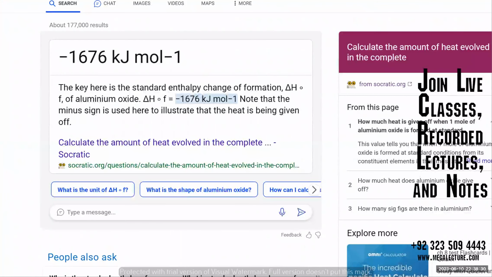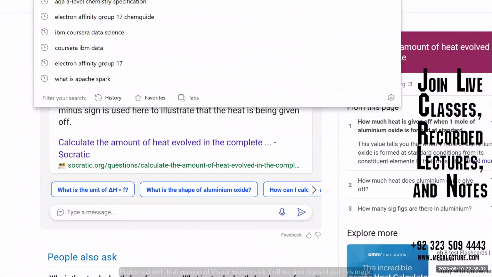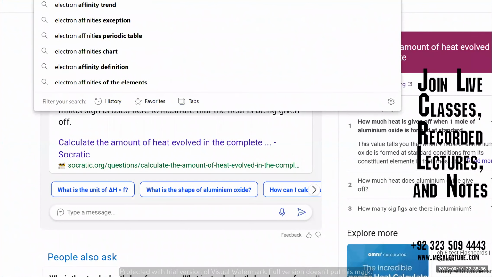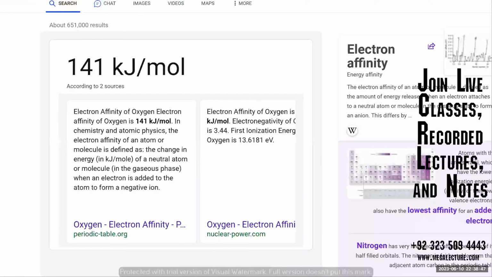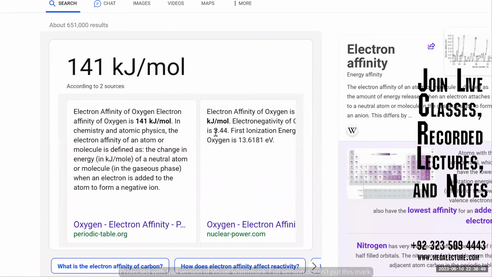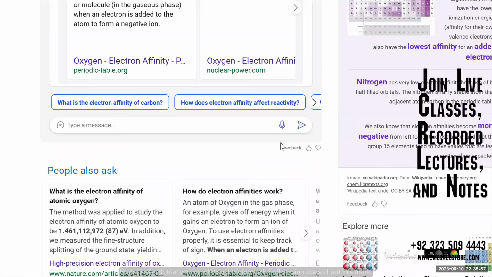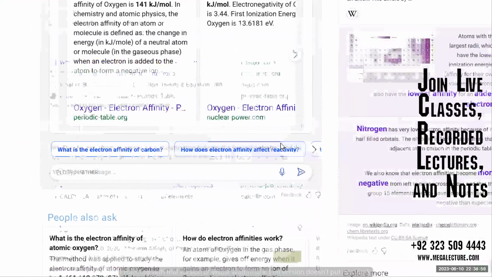So if I look at electron affinity, this data would be given to you. The electron affinity of oxygen is 141, given in electron volts just.